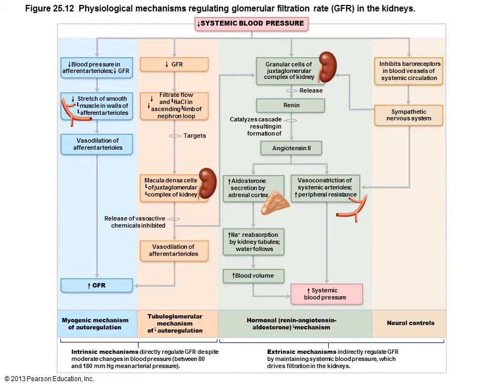It also acts on the adrenal cortex to secrete aldosterone, and aldosterone works on kidney tubules to increase sodium reabsorption, so water follows into the blood, blood volume goes up, and systemic blood pressure goes up. So they work together intrinsically within the kidney and extrinsically outside of the kidney to keep the glomerular filtration constant.